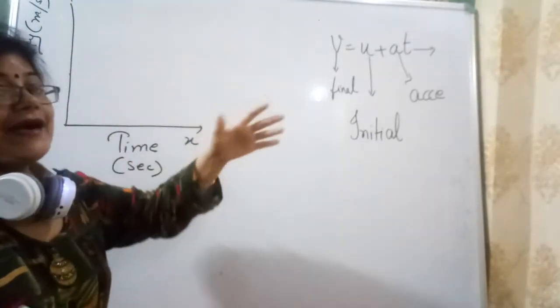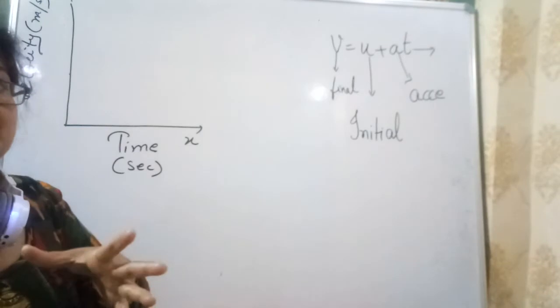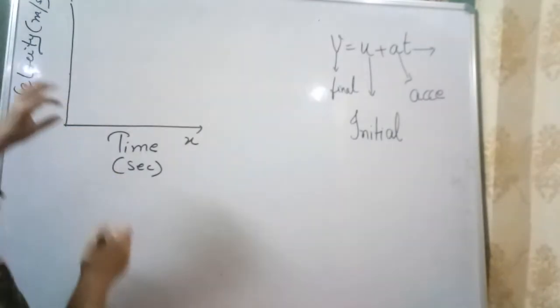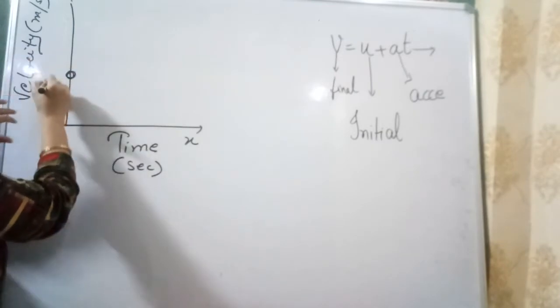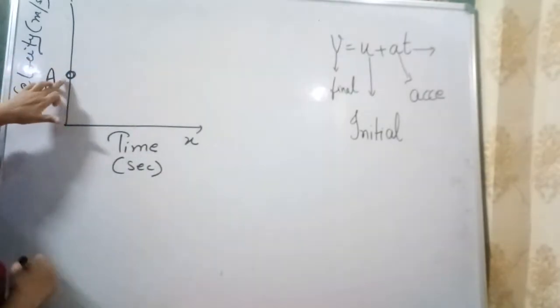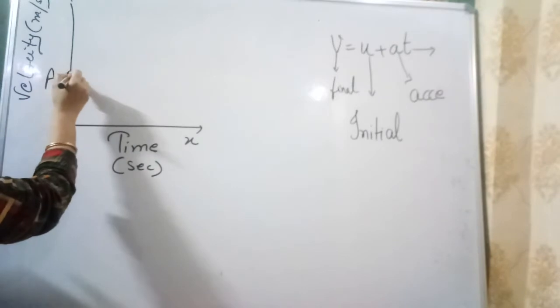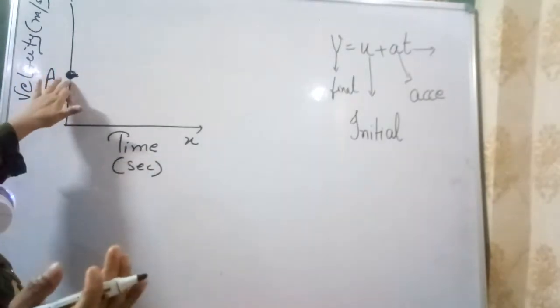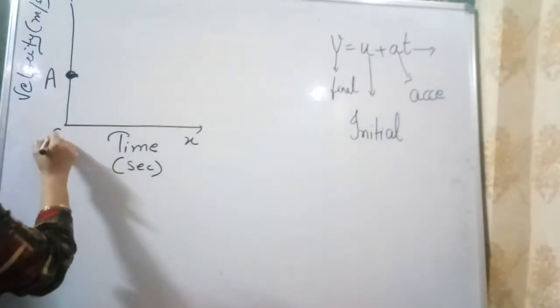Now, at some instant, the body has initial velocity u. Let this be point A. For example, there is a car. It has the initial velocity u.